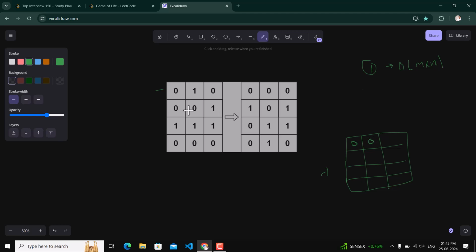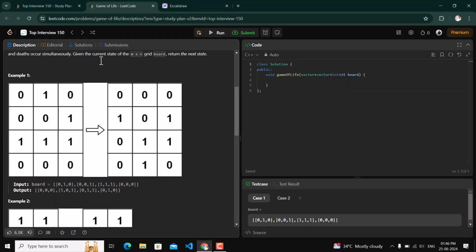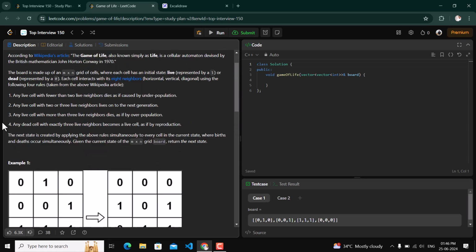For the third cell, if we consider its neighbors, it contains 2 1, so for it to be alive it requires 3 live cells in its neighbors, so it will be 0 only. Now for this it contains 3 live cells, so 0 becomes 1, because of reproduction as stated in the fourth rule.